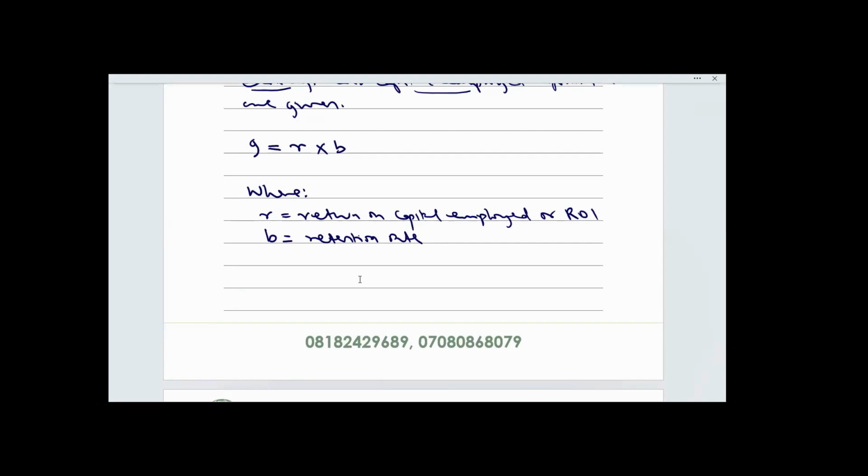So how do you then calculate the return on capital employed? R is calculated as earnings. Please note, earnings is the same thing as profit after tax. So you see that information in the profit or loss account, then divided by capital employed.